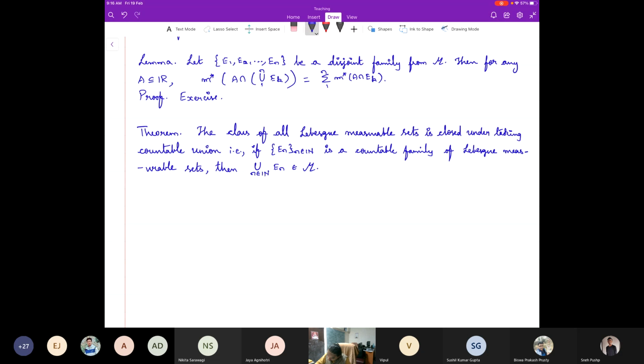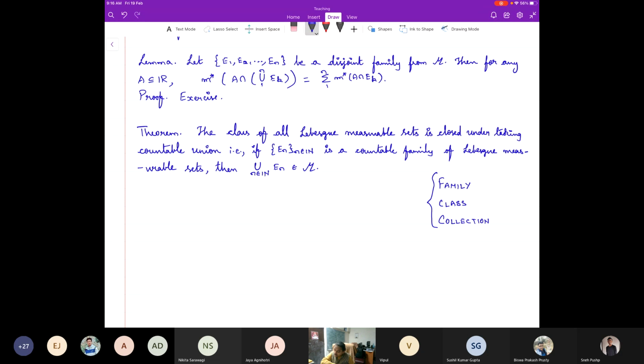One thing that I wanted to say is that there are three words. One is family, the other one is class, and the third one is collection. I'll be using them with the same meaning, although there is a slight difference in each one of them, but still, I don't mind.